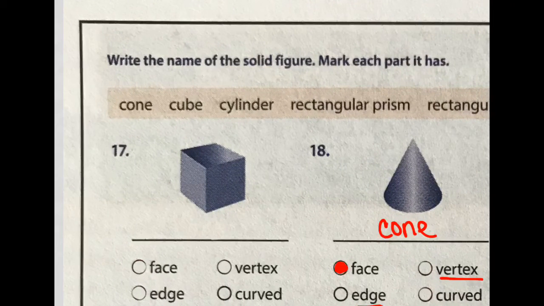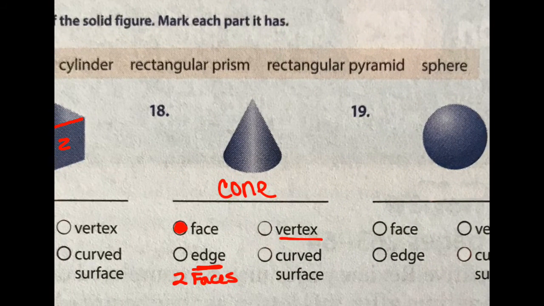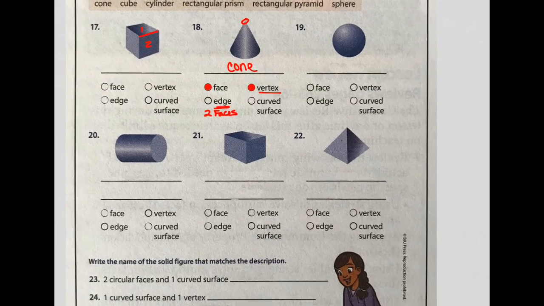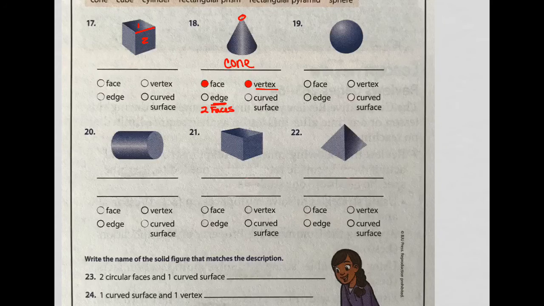I'm not going to tell you what it is, number 17, but I am going to tell you that it does have an edge. Here's face 1, here's face 2. Do you see that edge where they come together? That's an edge. Does a cone have an edge? No, you're right. It does have a vertex. See that point right there? That's a vertex. It's like a corner. So that's what you're going to be doing for those 6 shapes.